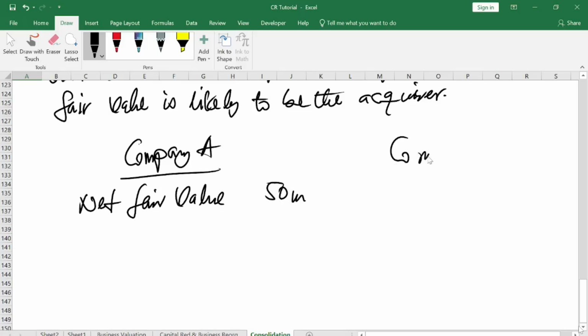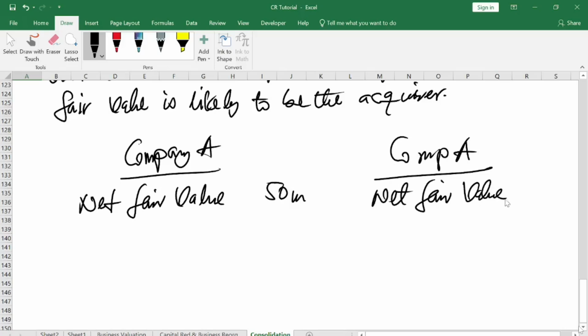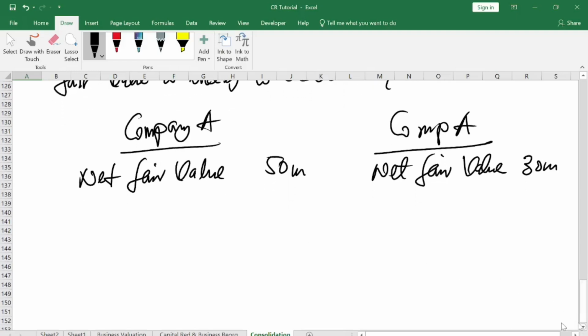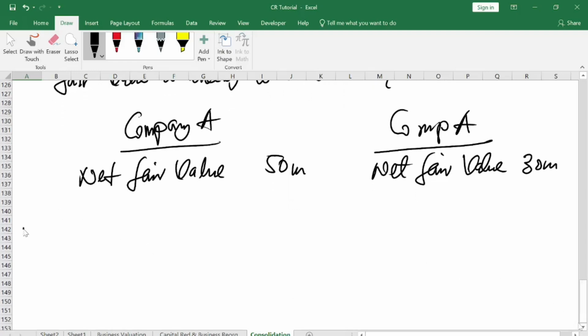Then you come to company B, the net fair value is 30 million. They said the one with the greater fair value is likely to be the acquirer. You put it at the back of your mind.